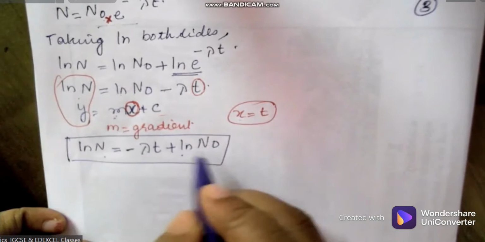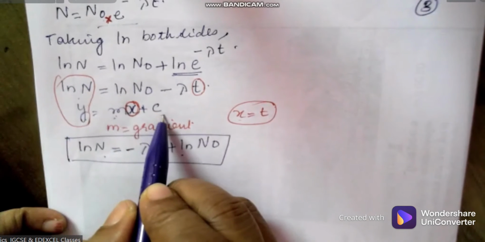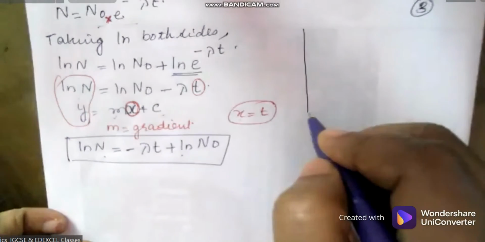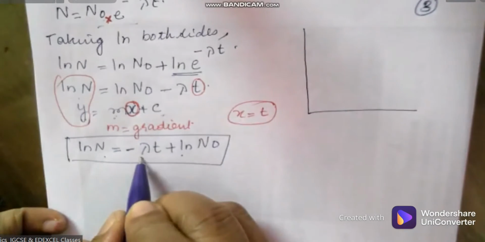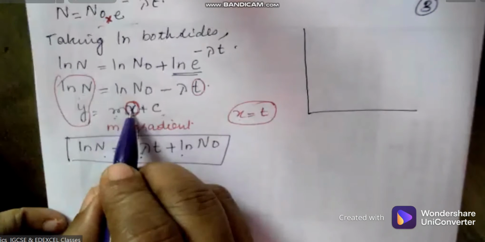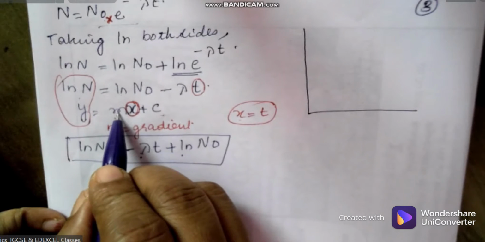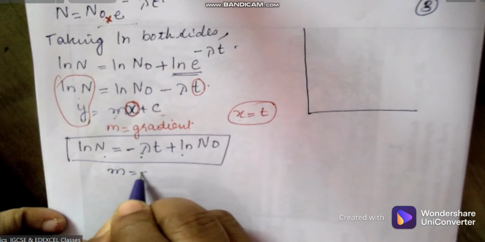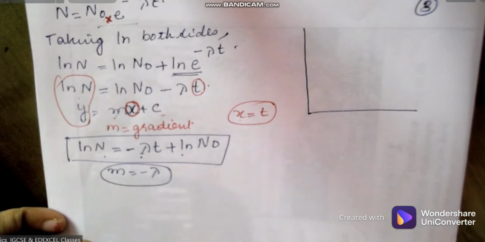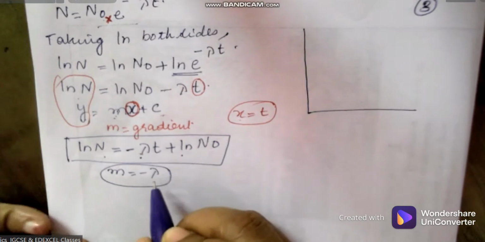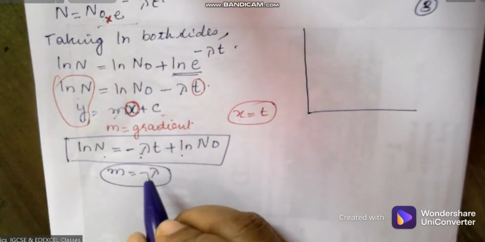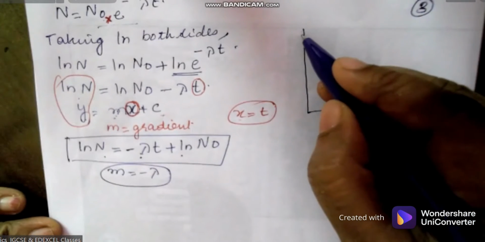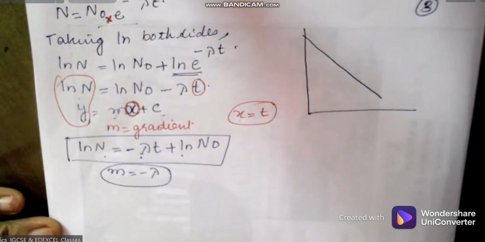Now it is exactly in the form of y is equal to mx plus c, which is the equation for a straight line graph. The coefficient of t is the gradient, therefore m is equal to negative lambda. That means the graph will have a negative gradient. It will be something like this.